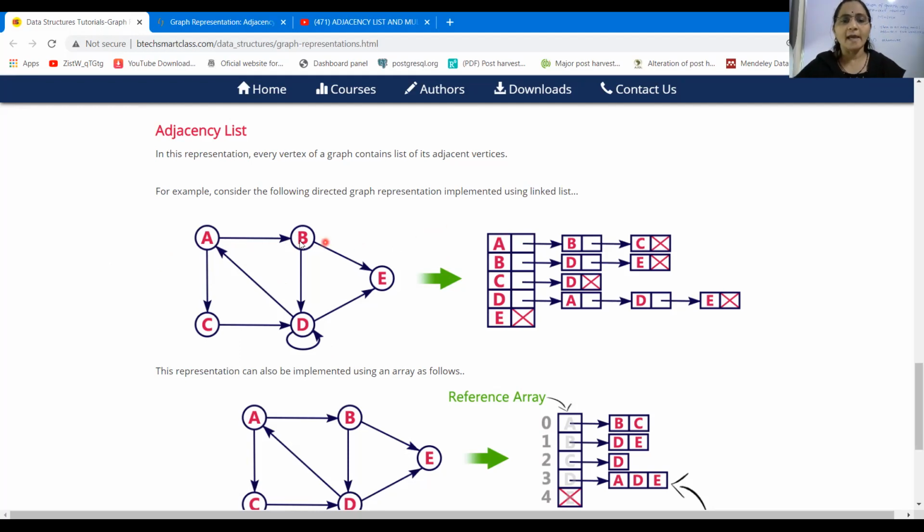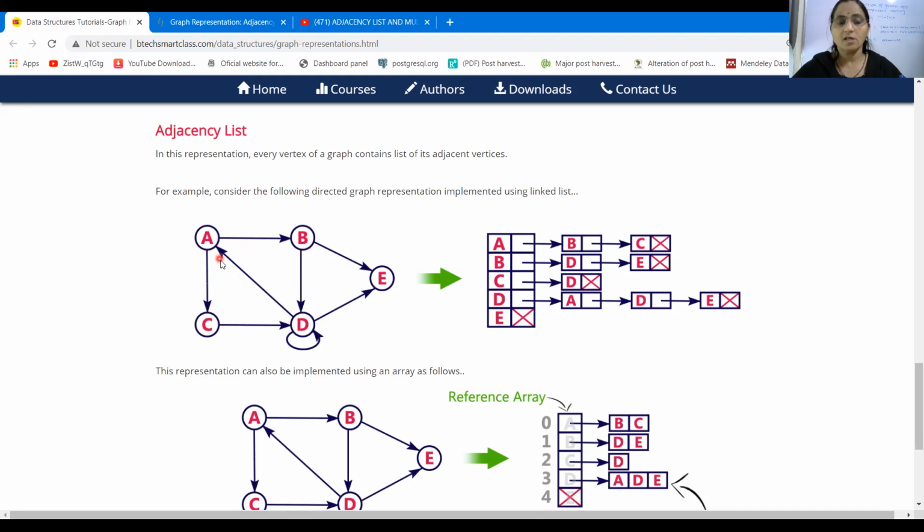Okay, so for A, now you search the adjacent nodes. Adjacent nodes means the outgoing edges from that node. See here, from A there is one outgoing edge to B, so the adjacent node is B. Again from A there is an outgoing edge to vertex C, and therefore another adjacent node is C. Now for A to D, there is no outgoing edge.